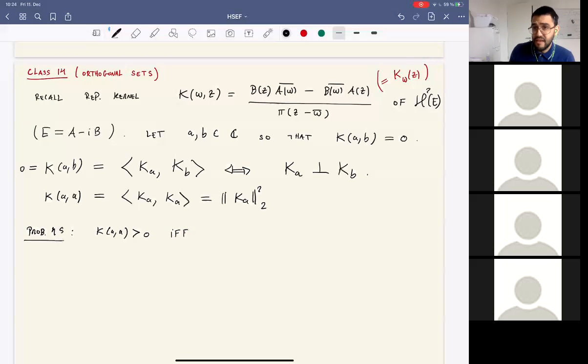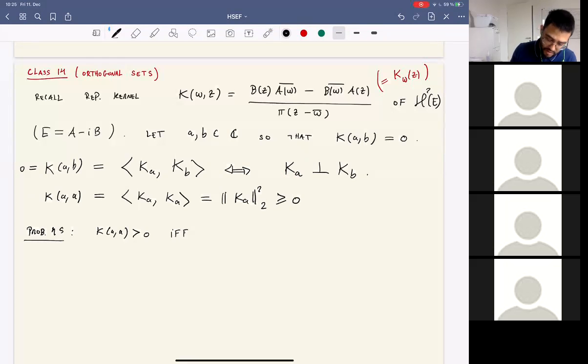So if K(a,a) is always greater or equal to 0, that's the obvious thing. And it's 0 exactly when the function K_a is identically 0, which was what we were trying to investigate before. So the answer is problem 45.